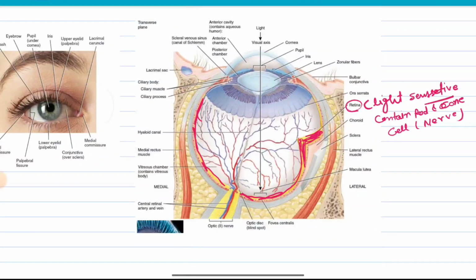Here we can easily see the two optic nerves that go from the light-sensitive layer, the retina, to the brain.